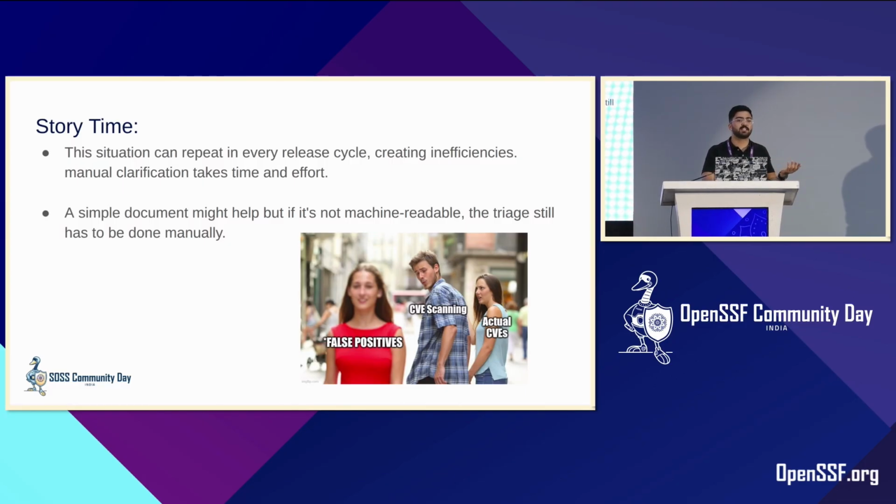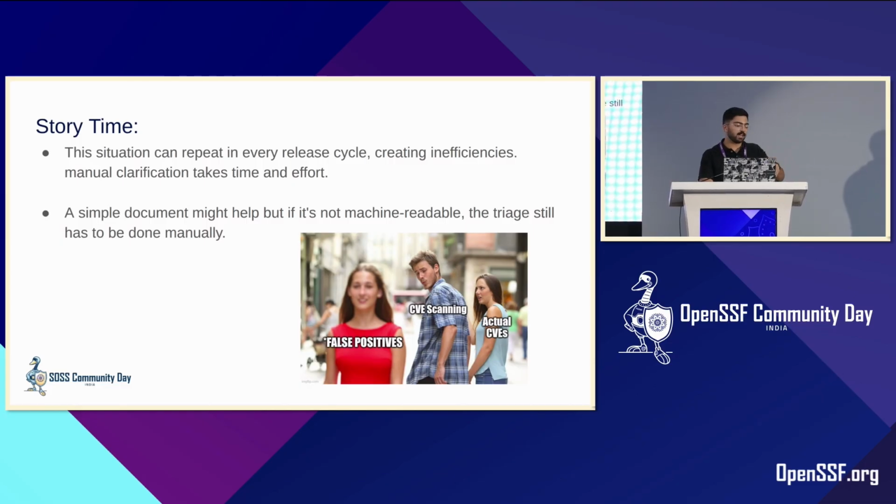I mean, essentially you scan, and then you have a document like Google Docs, and you are manually filtering, oh, okay, that's not vulnerable, we can skip this one, we can skip this one. So that document should be machine readable, so that a tool like CVE Binary Tool can do the heavy lifting. But triage still needs to be done manually. I mean, there has to be human intervention to say, okay, this vulnerability is not affecting our product.